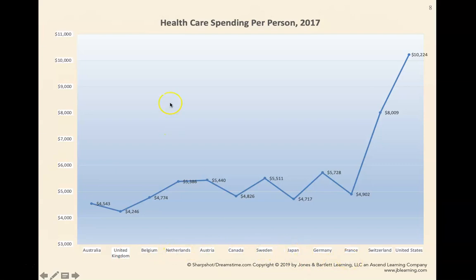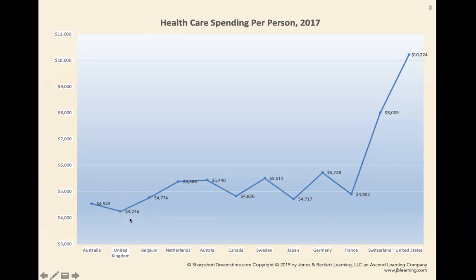But this graph here shows how much each country spends per person in terms of healthcare. This sort of varies a little bit from the previous slides, but one thing is the same though. They spend way less than we do per person. So the lowest is United Kingdom.